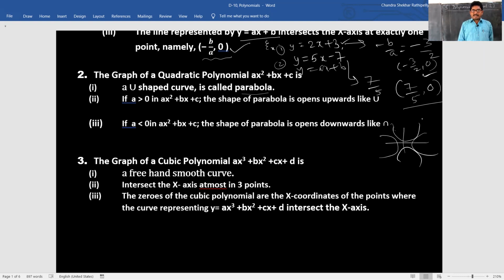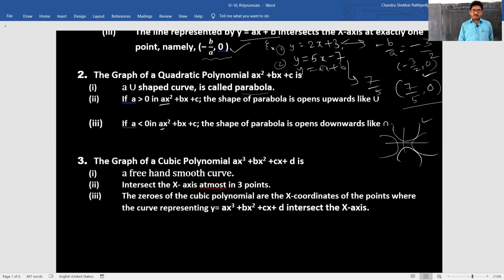If a is greater than 0 in ax square plus bx plus c, the parabola opens upwards like U. So this indicates a is greater than 0.